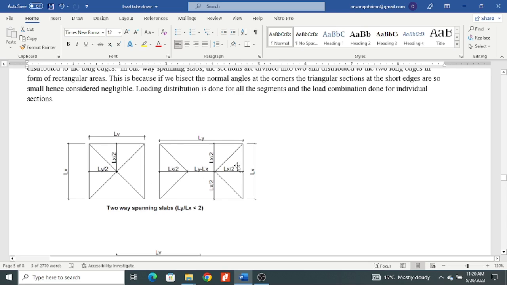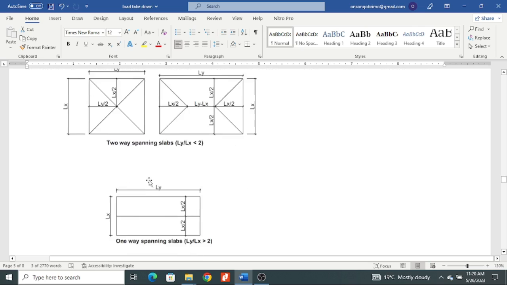But this one being rectangular, we have a trapezium here loading this beam, this triangle loading this trapezium loading this, and this loading that. So you have the dimensions, and then you can determine the area, and then you determine the concrete volume, and this will give you the loading that will go to that beam. The same area is what you're going to use for your live loads and so on.